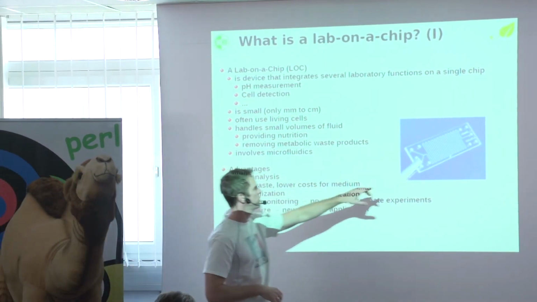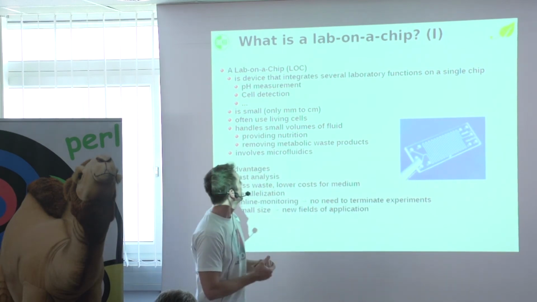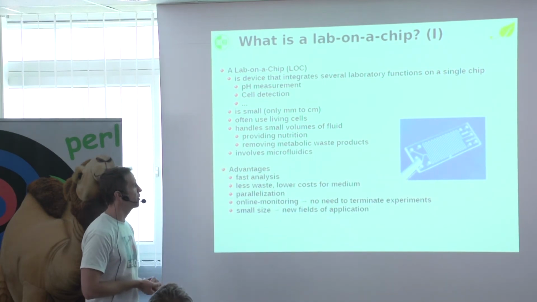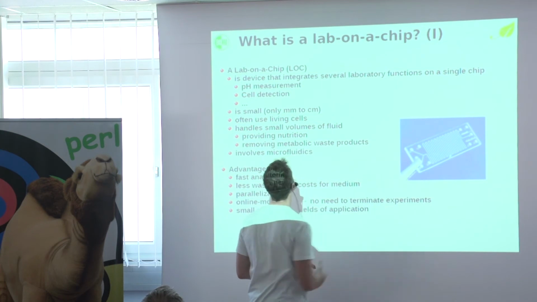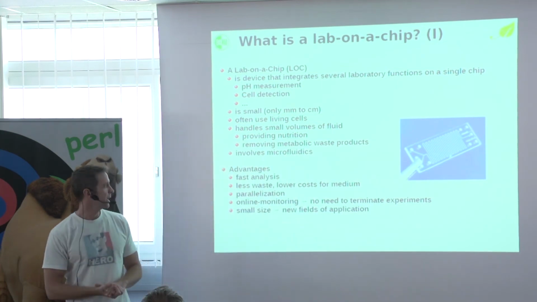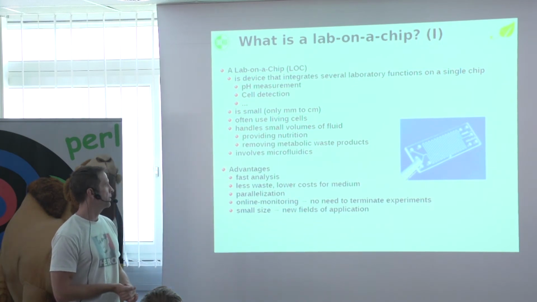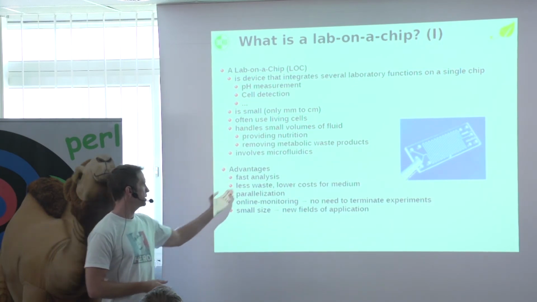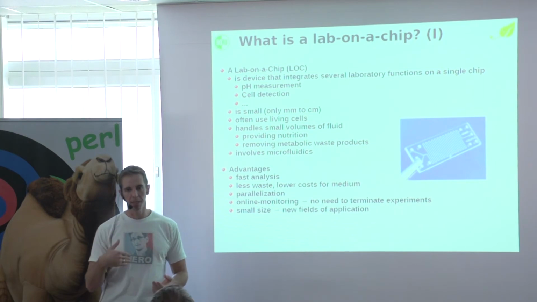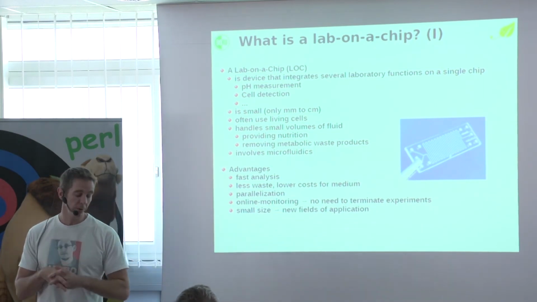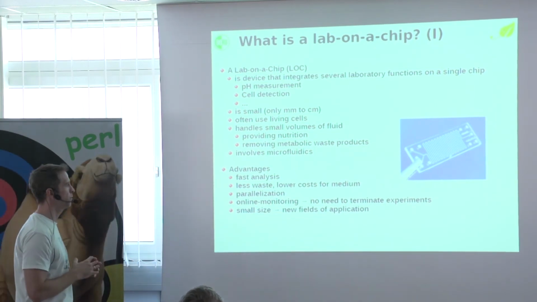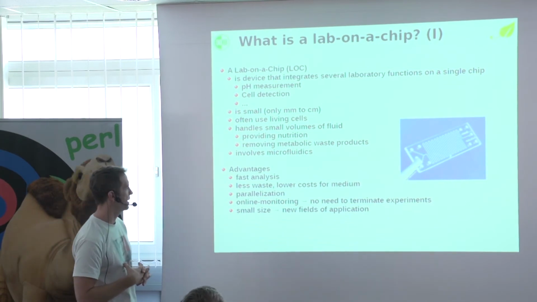So what you see here is usually a couple of millimeters or max centimeters. Very often in here we have living cells. We need nutrition fluid again, and they have some advantages, or many advantages. So very fast analysis, less waste products, lower cost of the medium that we supply. The medium can be very expensive. If you have just microfluidic applications, then this is really nice.